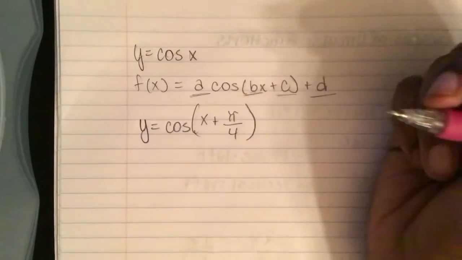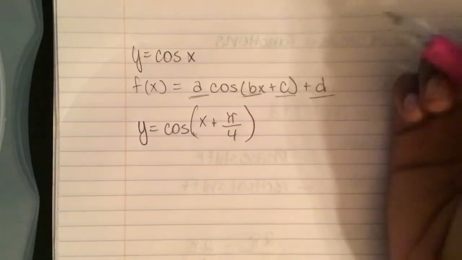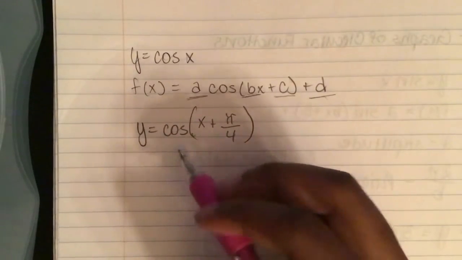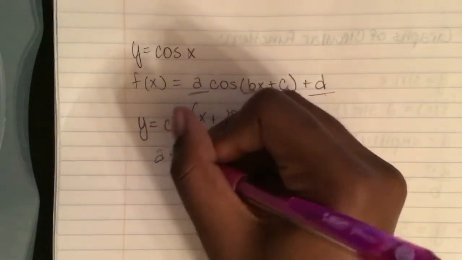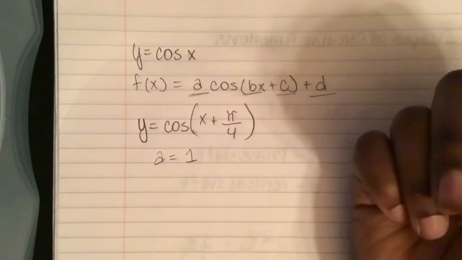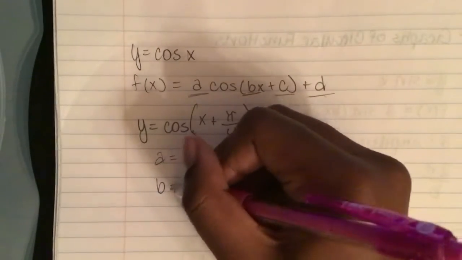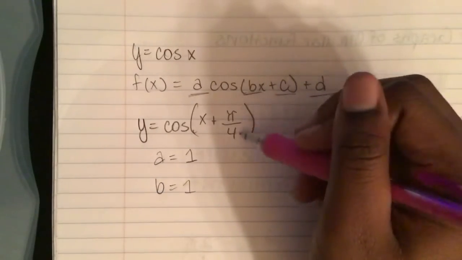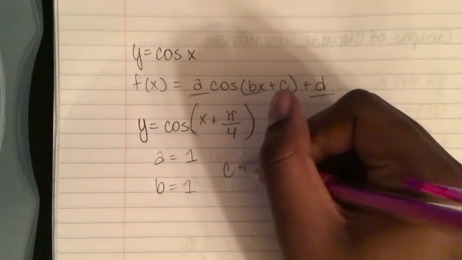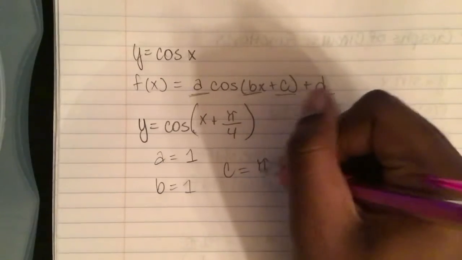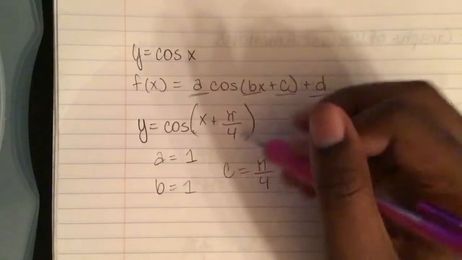Then we know that the amplitude is non-existent, so the amplitude is technically going to be 1. B is also going to equal 1. And when it's in this form, we know that C, the phase shift, equals pi over 4.